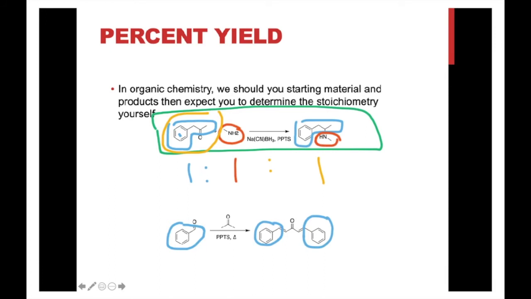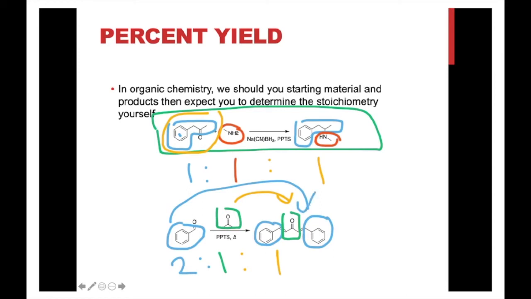And then this ketone here, there's just that guy right there. So you have 2 of this ring to 1 of this makes 1 product. So you have a 1 to 1 ratio of ketone to product, but you have a 2 to 1 ratio of aromatic ring to product.